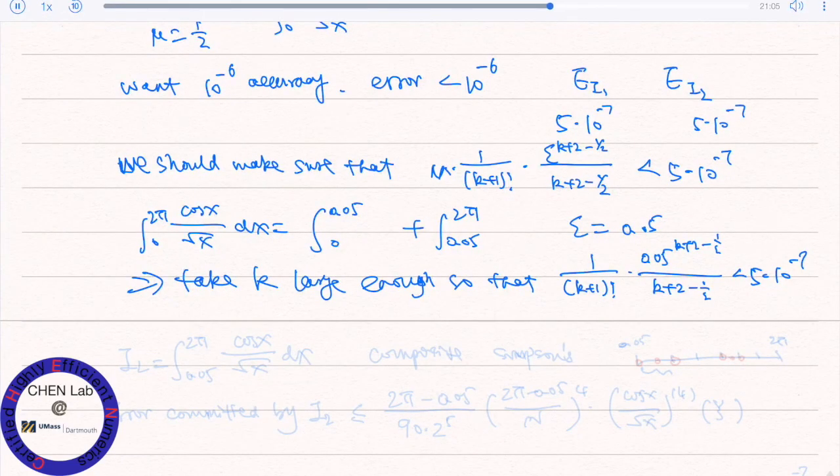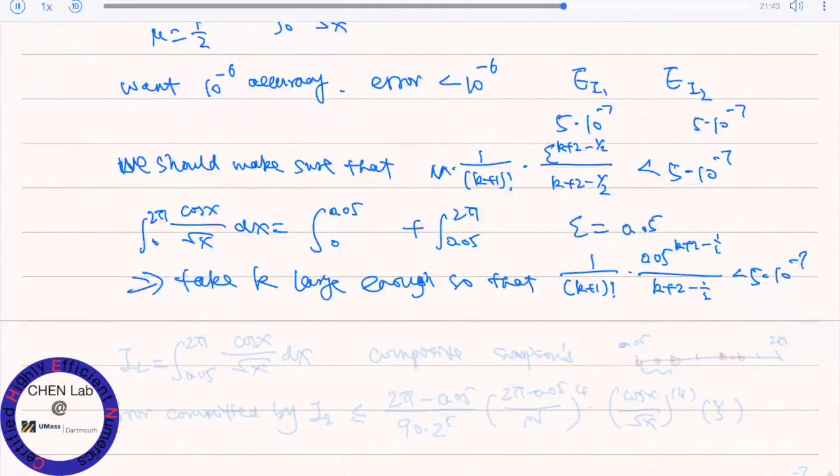Any k that serves this purpose works, though you may want to take the smallest k that does. You stop there, take that k, and take the derivatives of cosine x all the way to k. Once you fix k, you have phi, which is cosine, and we know epsilon, which is 0.05. We can compute that series.